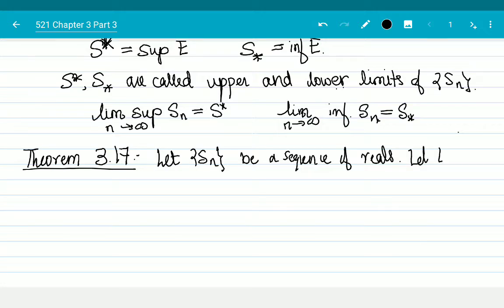Let E and S star be as above. Then S star has the following two properties.